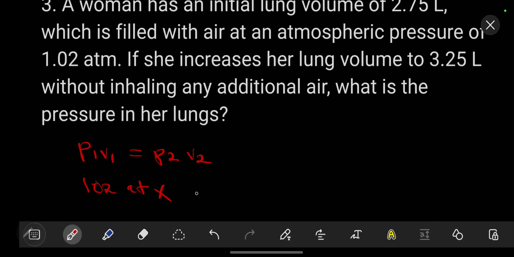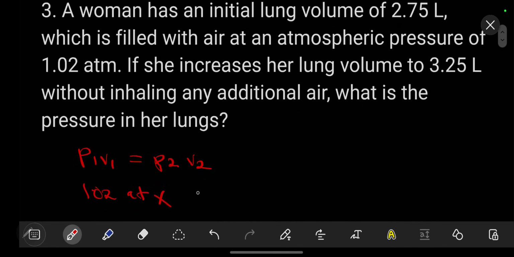Then we are going to multiply by our initial volume, which was 2.75 liters. Then we equate it to pressure number 2, which we do not know, times the volume number 2, which is 3.25 liters.